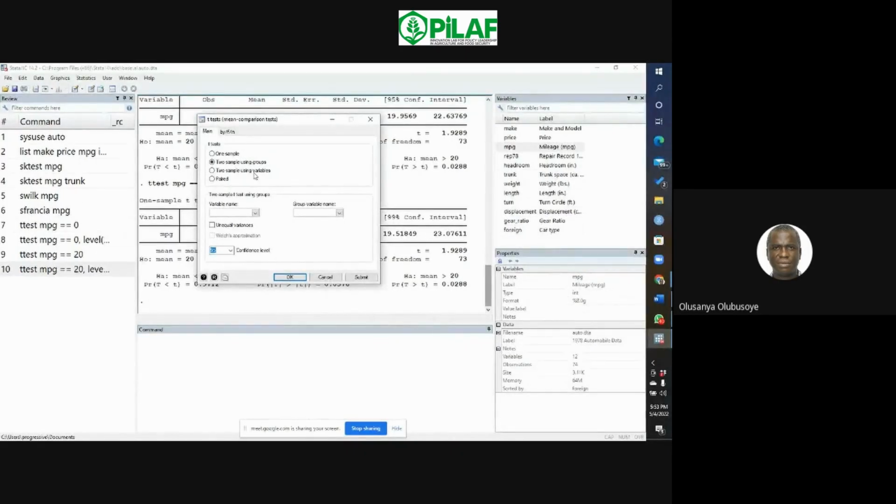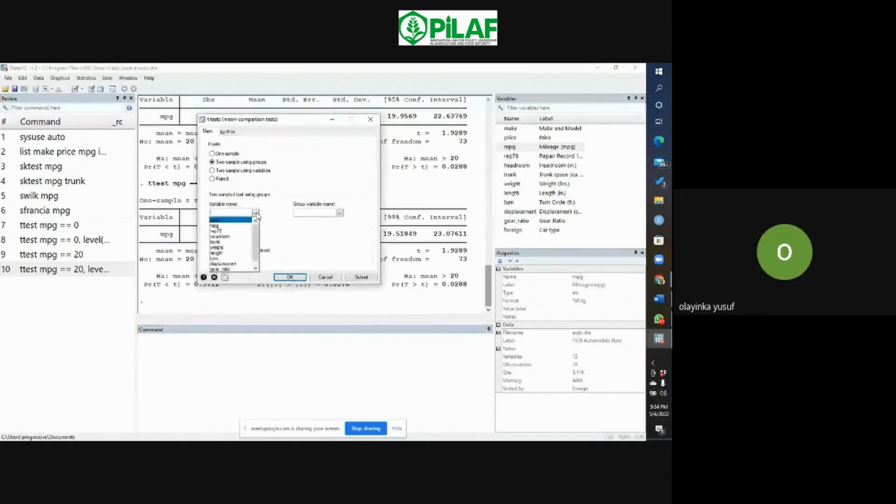So this test might now look at the situation in the two groups, whether the population mean of MPG in the foreign group is the same as the population mean of MPG in domestic.